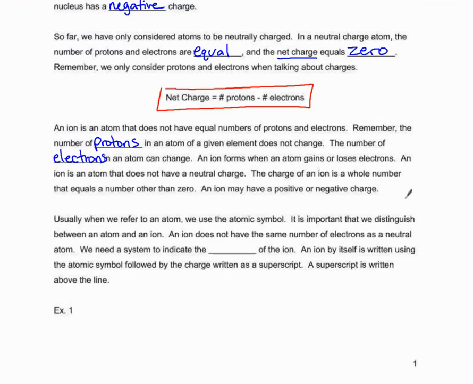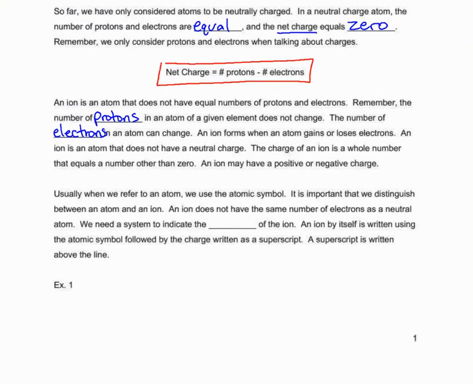Usually when we refer to an atom, we use the atomic symbol. But it's important for us to distinguish between atoms and ions because they're not exactly the same. There are different numbers of electrons. So an ion does not have the same number of electrons as a neutral atom, and so we need a system that indicates the charge of the ion.